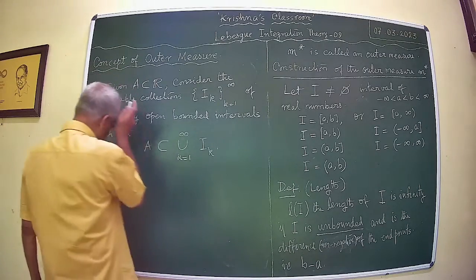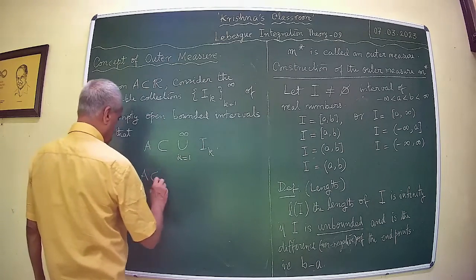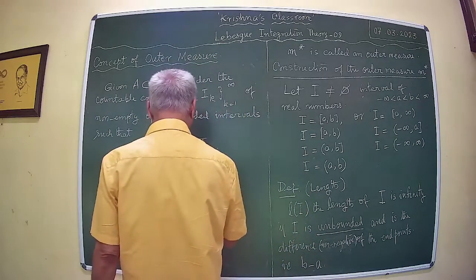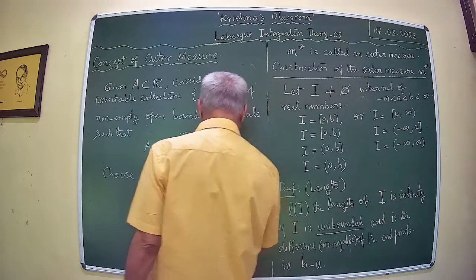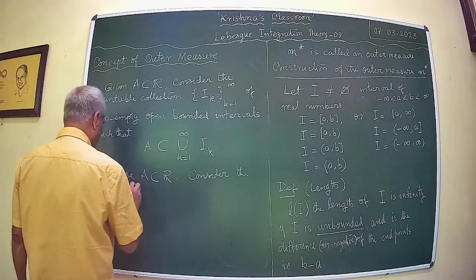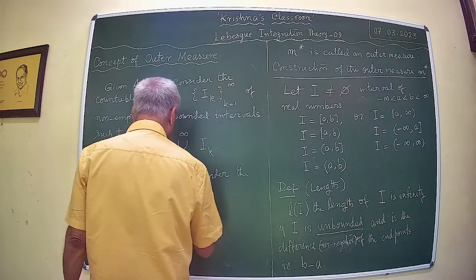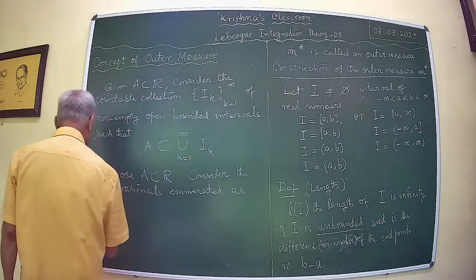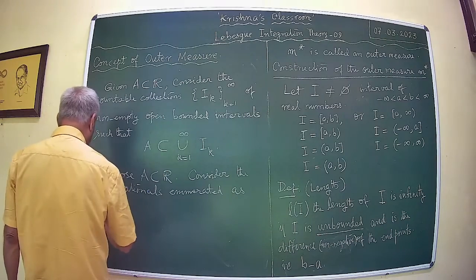Consider the set of all rationals enumerated as x1, x2, and so on.